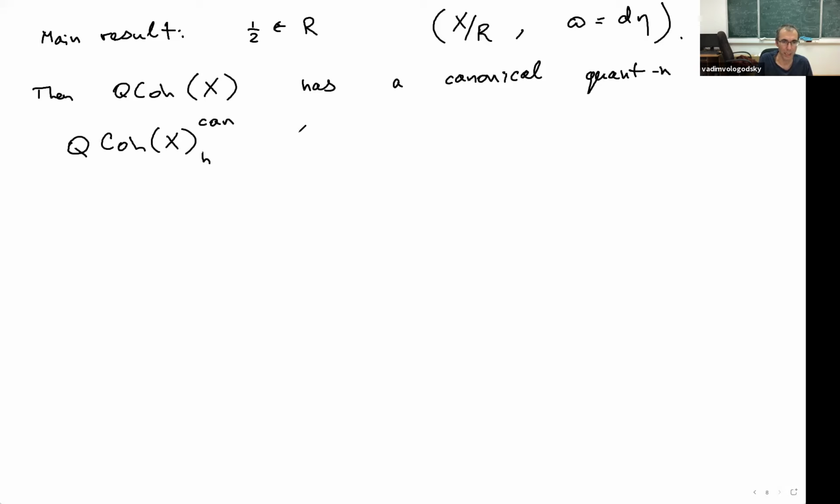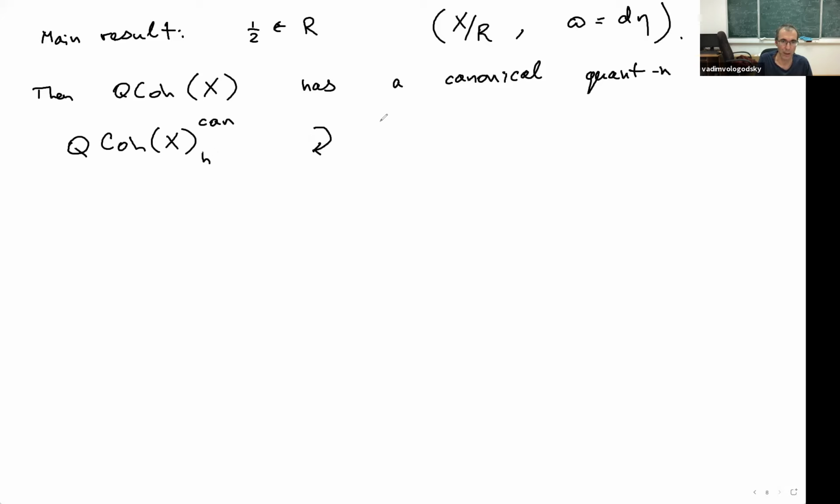Again, the basic property of this is that it has the word canonical here, in particular, that everything that preserves this structure acts on this category. So I will tell you precisely what the group that acts here is.